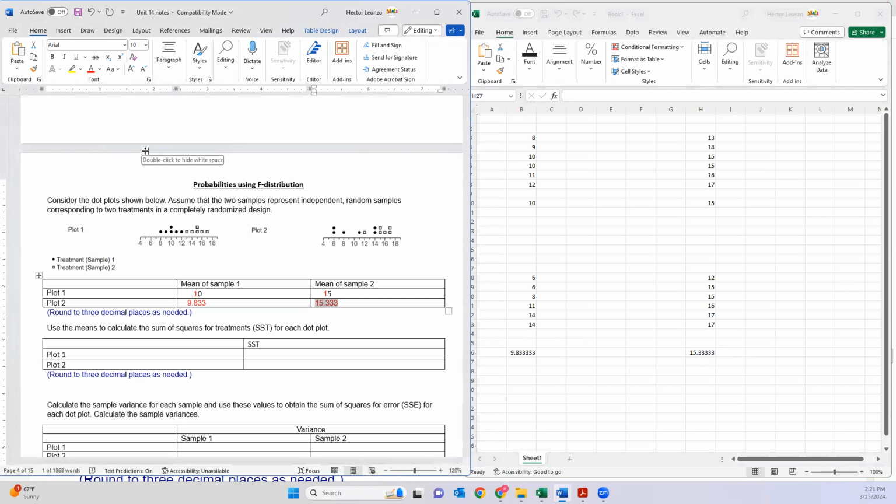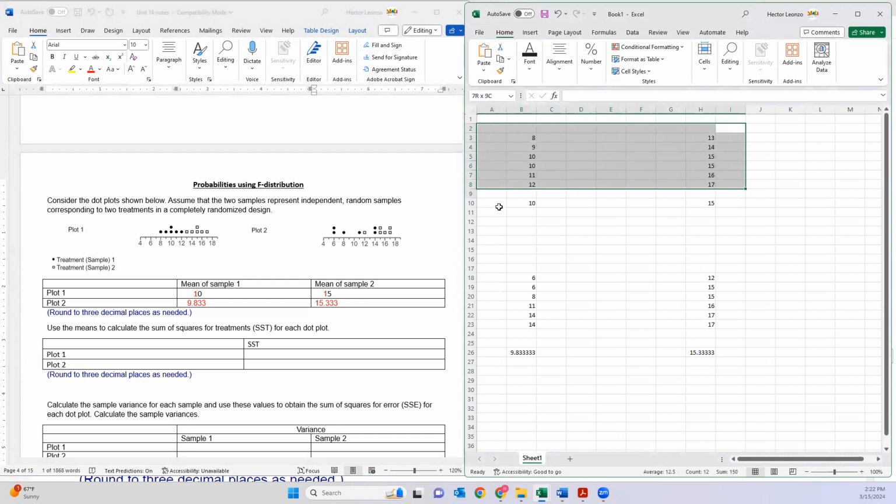Okay. Now this is where it's actually gonna start getting fun. Use the means to calculate the sum of the squares for treatment. So the sum of the squares, we're gonna repeat it at SST for each dot plot. Okay, so looking at my plot 1.